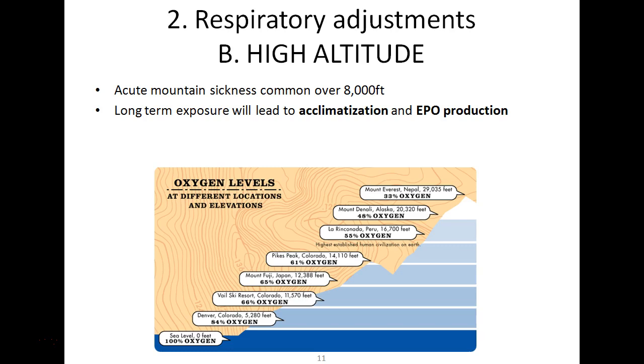We're talking about things like headache, nausea, difficulty sleeping, pulmonary edema, and cerebral edema. How might we adapt to this? Long-term exposure will lead to acclimatization and also EPO production, erythropoietin hormone.